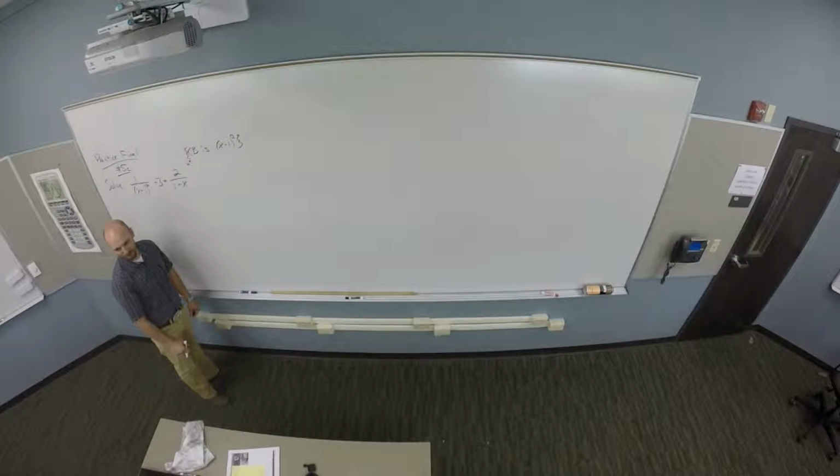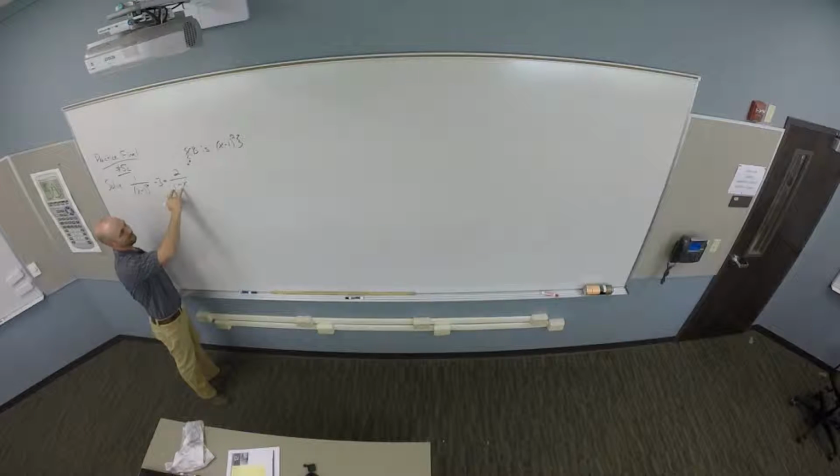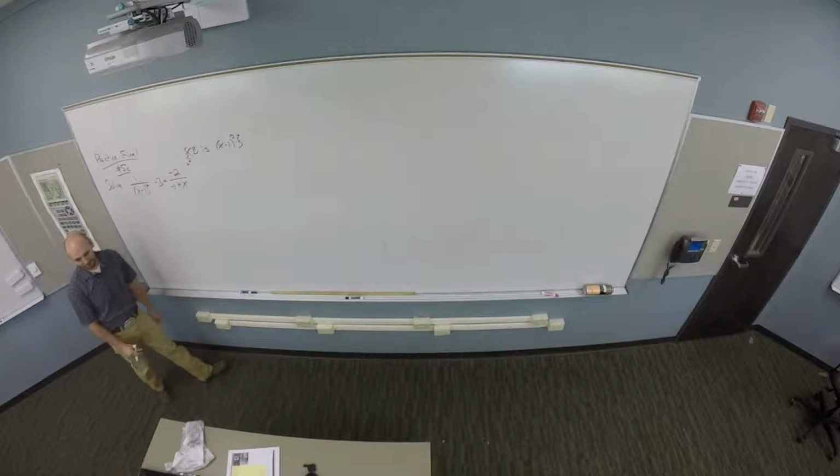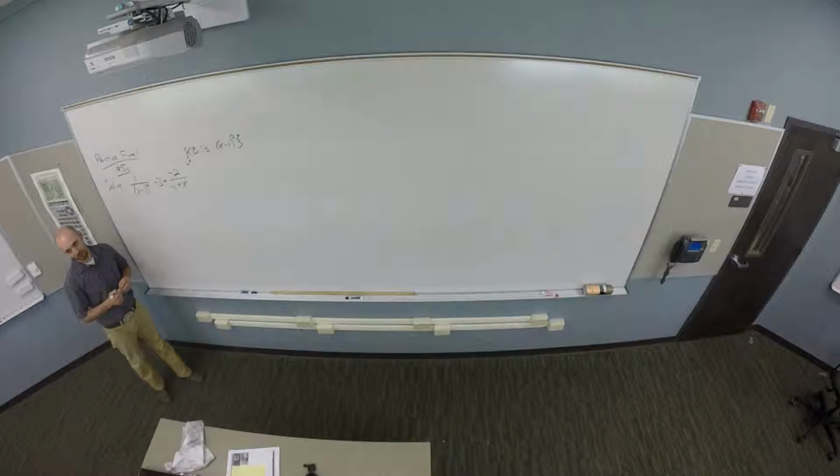But since it's a fraction, you can just hit that thing with a negative 1. So I'm going to take a minus out of that and put it on the top. And now, because addition's commutative, I'm seeing that's one of these two things I need for my common bottom.